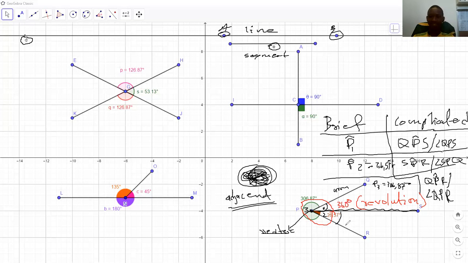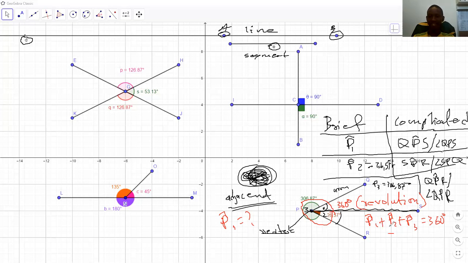Now, given that, can you find angle P1? How would you find angle P1? Well, I just told you, angle P1 plus angle P2 plus angle P3 should give you what? 360. So what should be P1? You know P2 is 26.57.